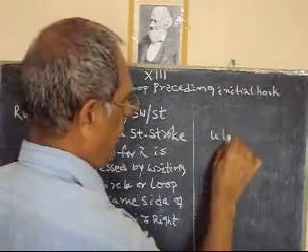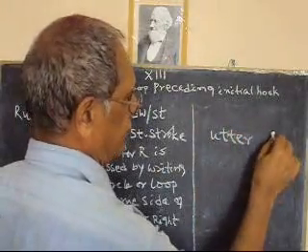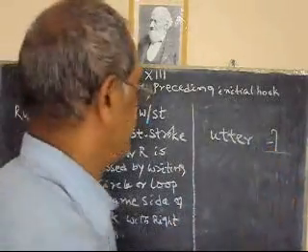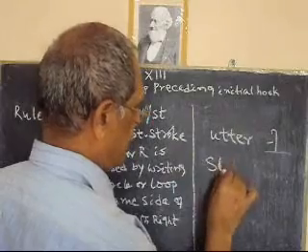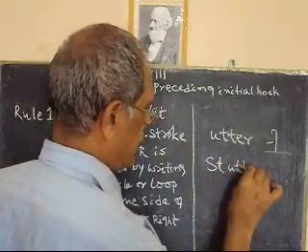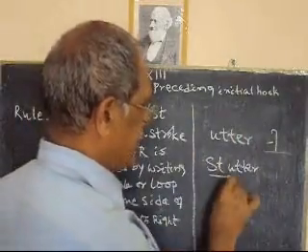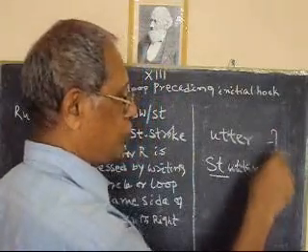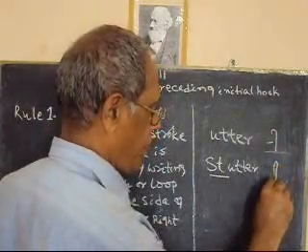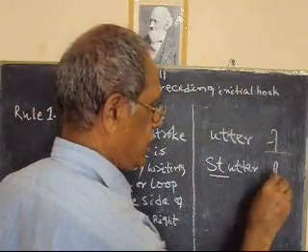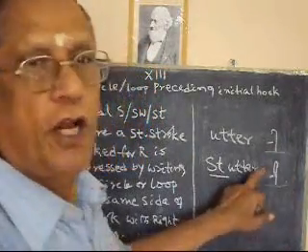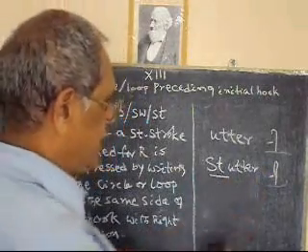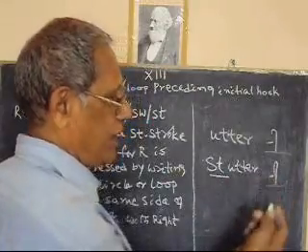Suppose, utter. You write utter. Initially, it has come before this straight stroke hooked for R. So, because this is still a loop, a small loop, ist plus R. Tar.